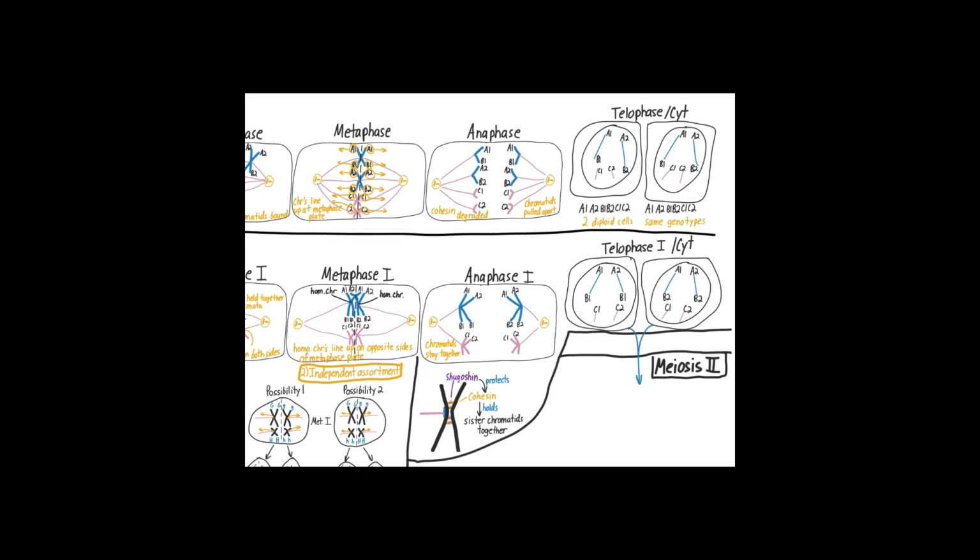The resulting two cells then go through interkinesis, which again is like interphase but without DNA replication. The cells then move into meiosis 2. During prophase 2, which I'm not showing here, the chromosomes condense again. During metaphase 2, the chromosomes line up at the metaphase plate as they do during mitosis, but now there is only one of each chromosome type.